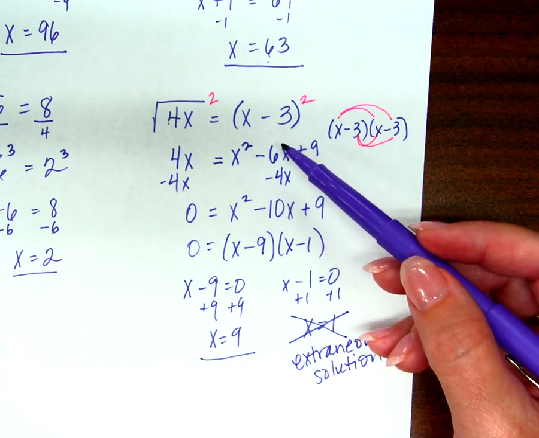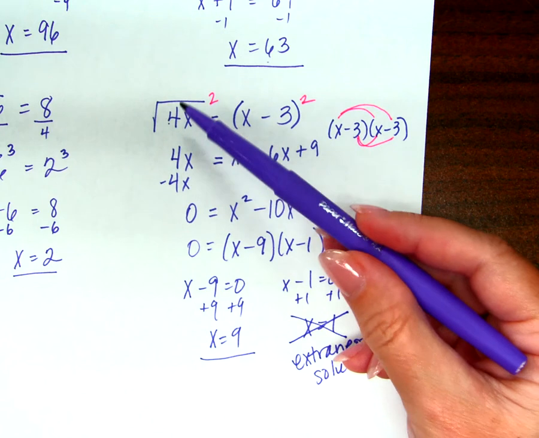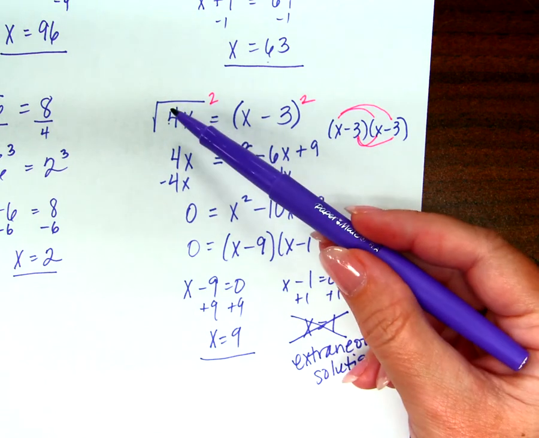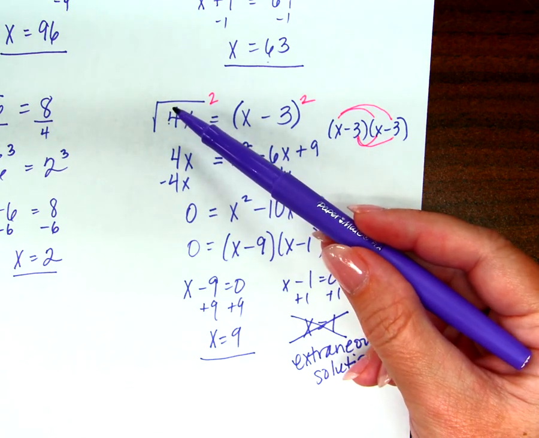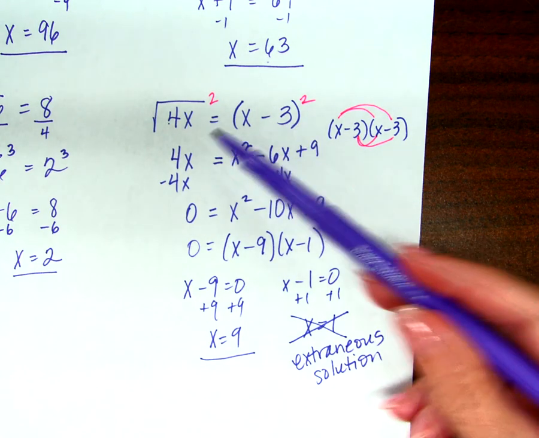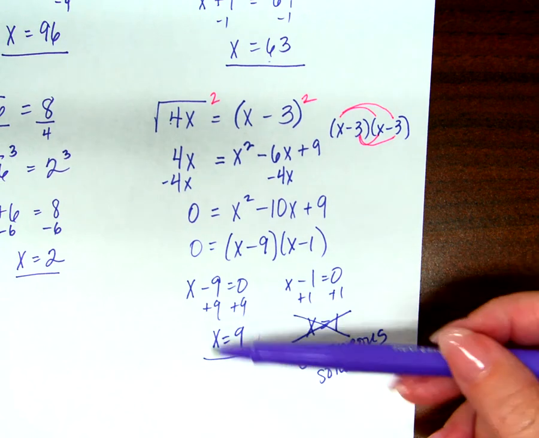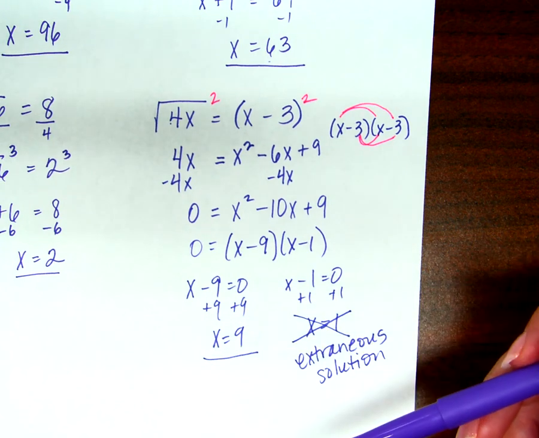A parabola, right? How many times is a parabola typically going to cross the x-axis? 2 times, right? But look back at the original problem. What shape is this? It's a square root function, right? And typically, how many times does a square root function cross the x-axis? Only 1. So by squaring both sides, we kind of created another solution so that we could actually find the actual solution. Does that make sense?